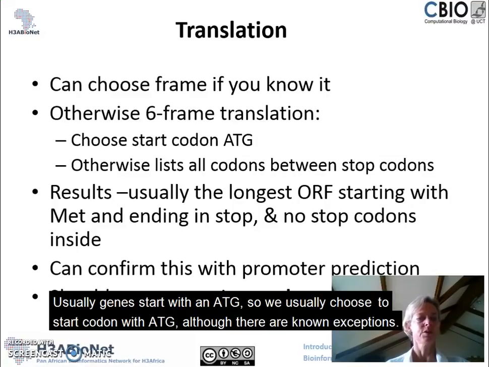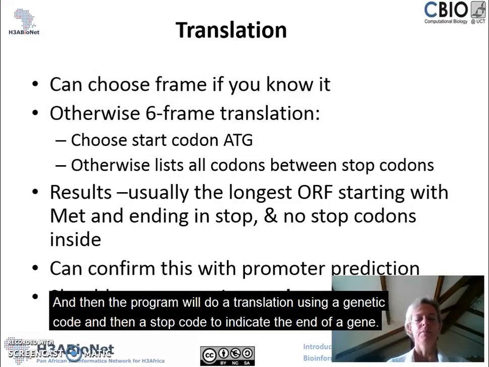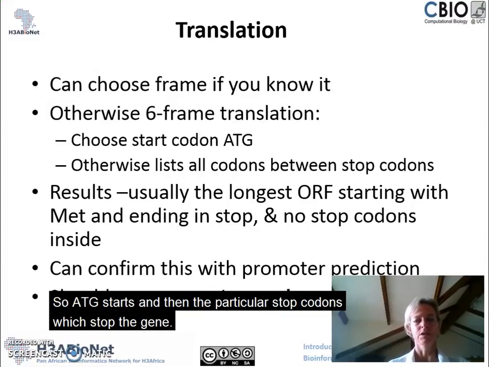Usually genes start with an ATG, so we usually choose the start codon of ATG, although there are known exceptions. And then the program will do a translation using the genetic code and then look for stop codons, which will indicate the end of a gene. So ATG starts, and then there are particular stop codons which stop the gene.